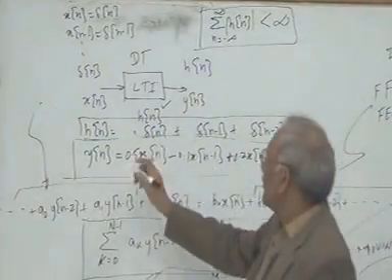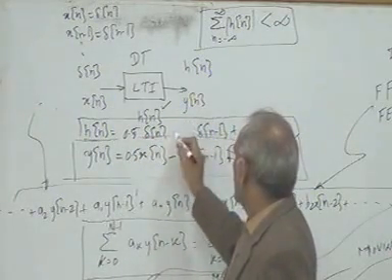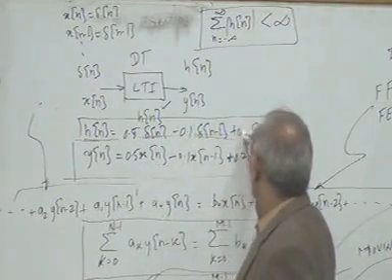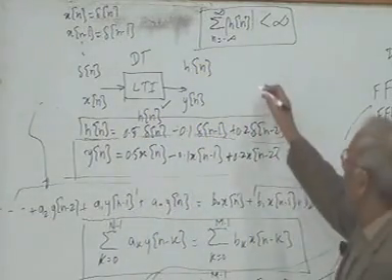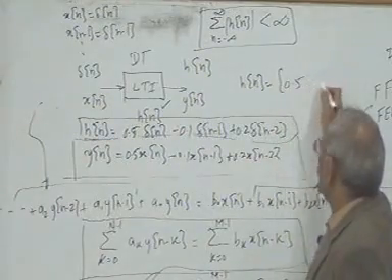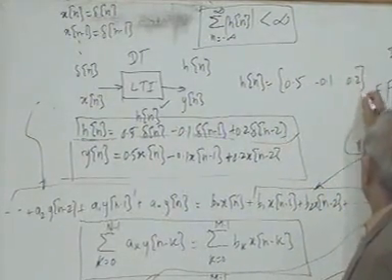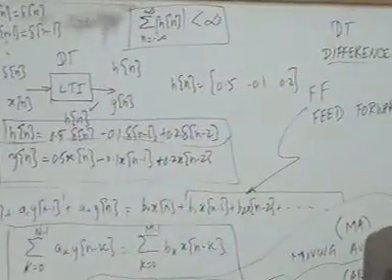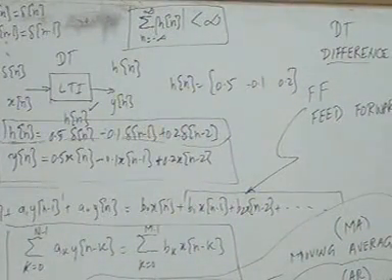Then we can just replace x with delta. It becomes 0.5 delta n minus 0.1 delta n minus 1 plus 0.2 delta n minus 2. This will be your impulse response. Or you can write h of n as 0.5, minus 0.1 and 0.2. Or you can draw a diagram for this, right?